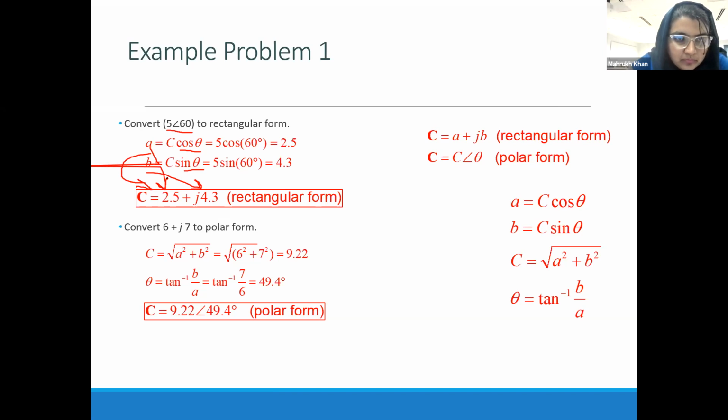Okay? So if I was having omega L at 90 degrees, which is the same as this thing. Sounds good? Yeah, thank you.